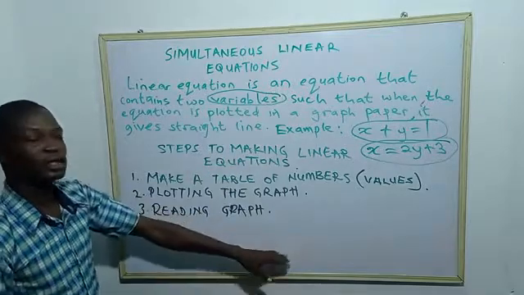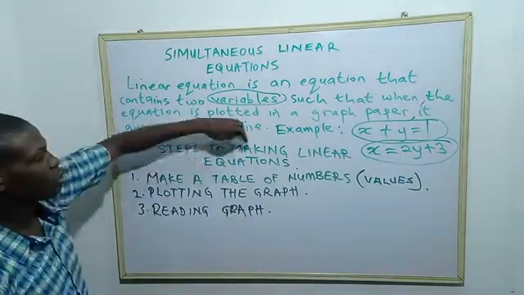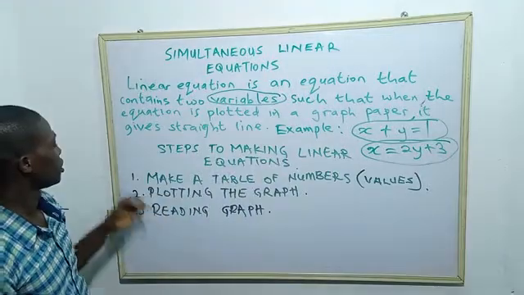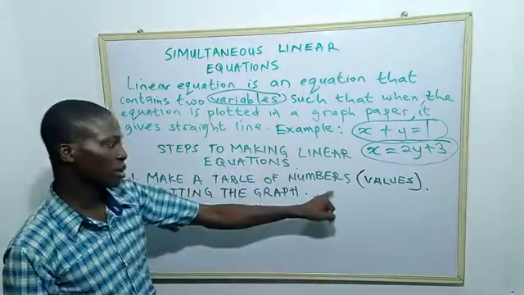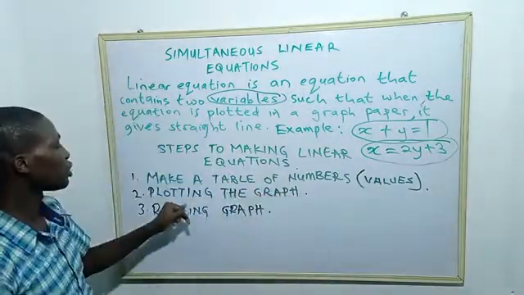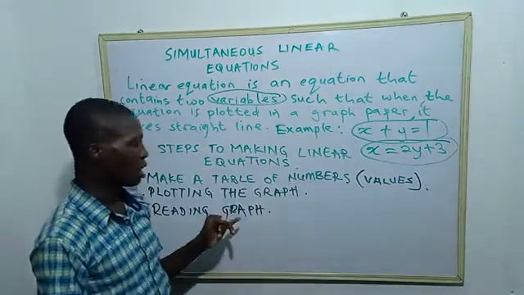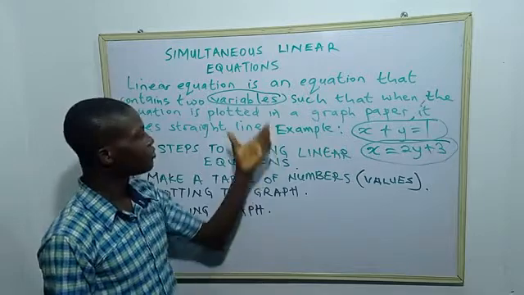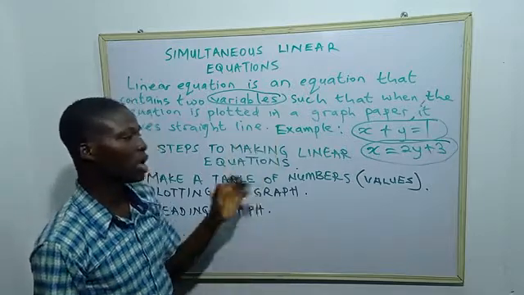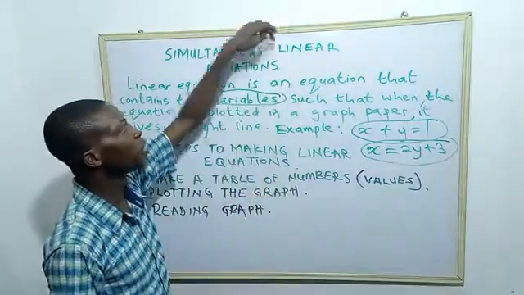So can you see this now? Steps to making linear equations: one, make a table of numbers, which is values; two, plotting the graph; and three, reading the graph. Having this knowledge, I believe you have a good introduction to this topic.